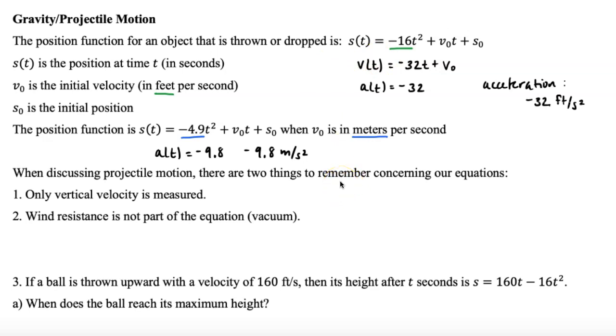When we throw something, horizontal motion and vertical motion are independent, so we're only worried about the vertical velocity because the only thing we're really worried about is how gravity is affecting this object. So we're looking at that vertical velocity and acceleration. The second thing is that wind resistance is not part of the equation. So we're pretending like this object is being thrown in a vacuum, just for simplicity.